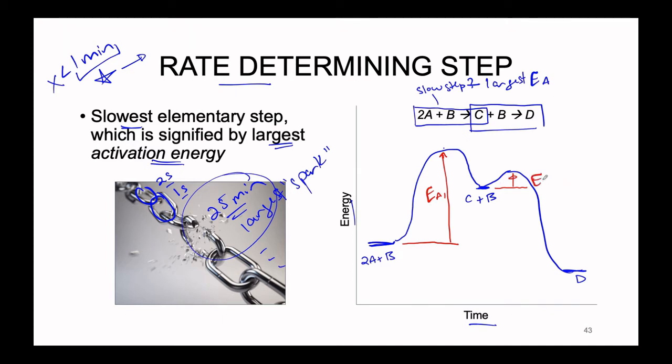In other words, this second activation energy, which I'm going to write as EA2 for the second step, is going to be much smaller than the requirement of the first, meaning that this first step that requires more energy, the largest activation energy, is going to be the slow step in this illustration. So we're all self-consistent here. Now, once this second bit of energy has been put back into the system, the intermediate product and our last little bit of reactant B are going to react and, boom, release a bunch of energy, giving us our product D.